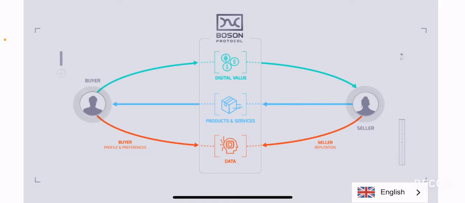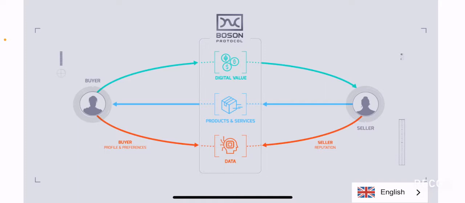So in Boson Protocol, you have the buyer and the seller. The buyer creates profiles and preferences on the Boson Protocol website, and the seller needs to have their reputation, because they need to be able to sell things that are legit, right? So the reputation is verified on the Boson Protocol.